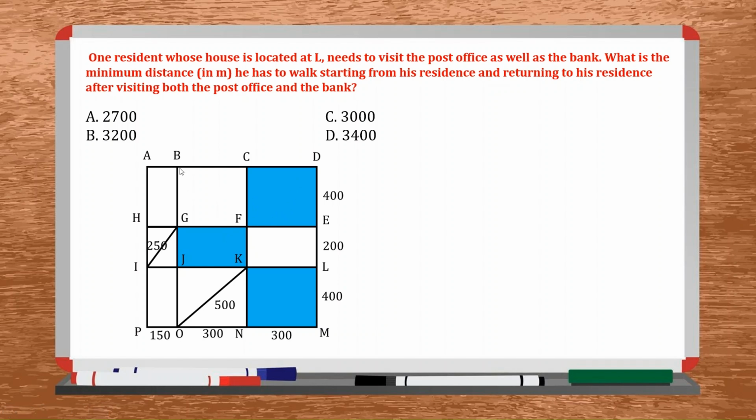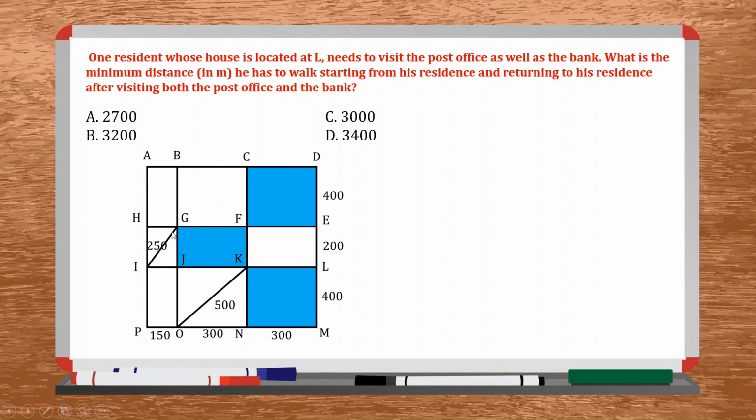Next, from bank B, I can travel from B to G, then G to I. I'll be taking the diagonal path. Then from I to P, P to O, and O to K, and then K back to L. So if I add all these values, I will get 250.